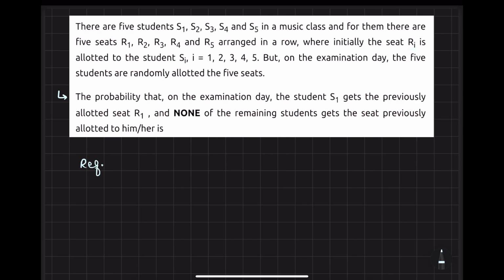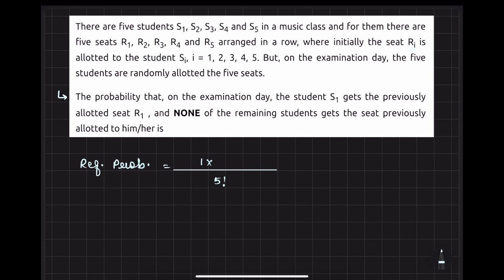The required probability would be, first I will arrange all of them. There are 5 students and 5 students can be arranged in 5 factorial ways. Now the condition is that student S1 is going to sit on the R1 seat. So there is only one choice for student S1.